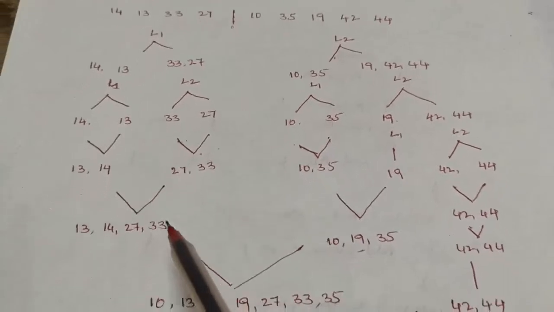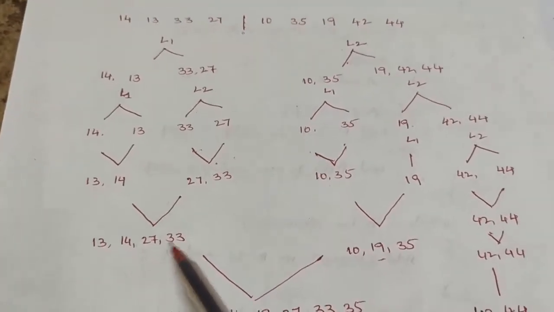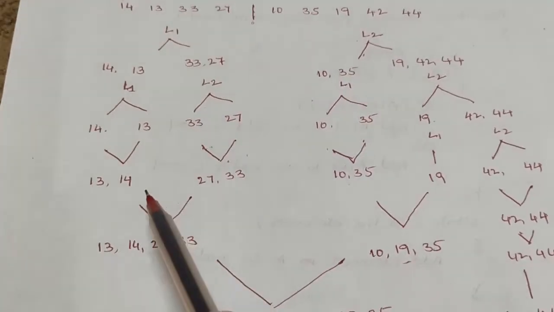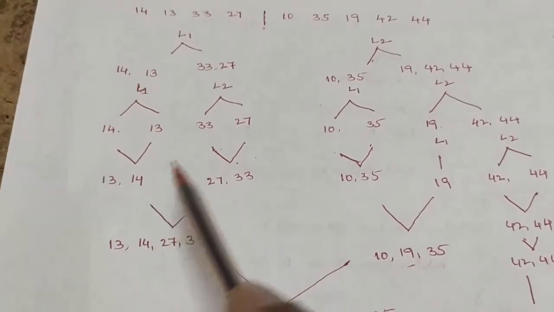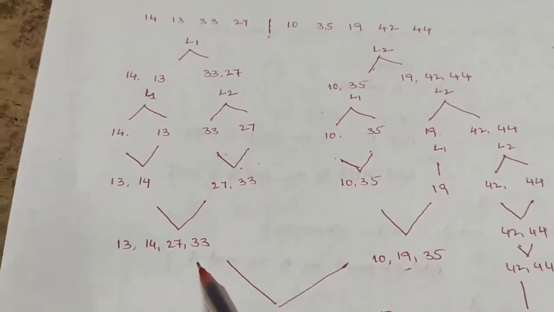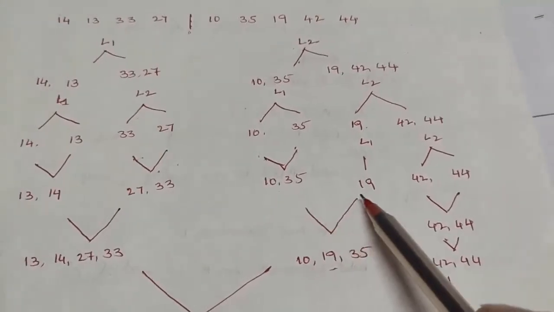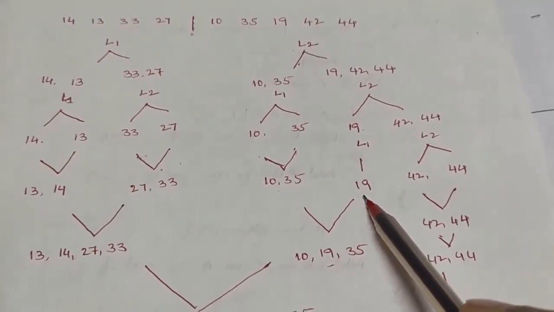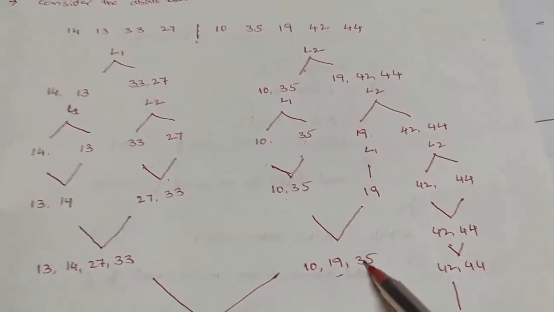And again, the above two sublists are merged: 13, 14, 27 and 33. Let us observe clearly. So I am going to merge these two sublists of L1 and L2. Here 10 and 35 are merged with the adjacent sublist 19: 10, 19, 35.